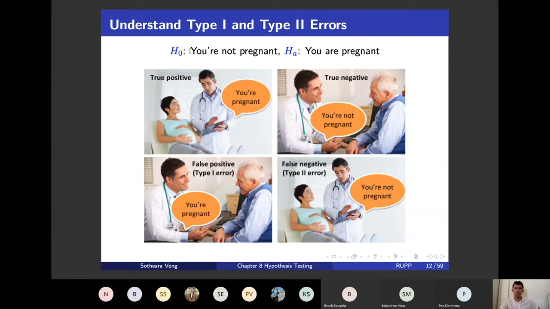So here, if the null hypothesis is false, it means that in reality the woman is pregnant, but you do not reject it. You say that you are not pregnant, but in reality this woman is pregnant. So these are the two possible errors in hypothesis testing.